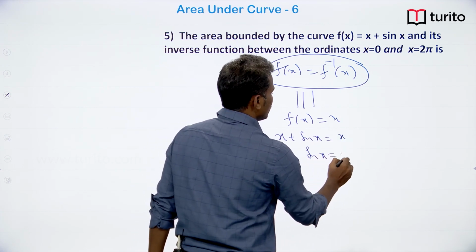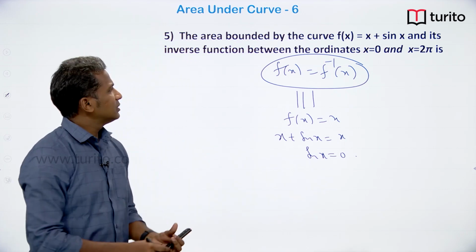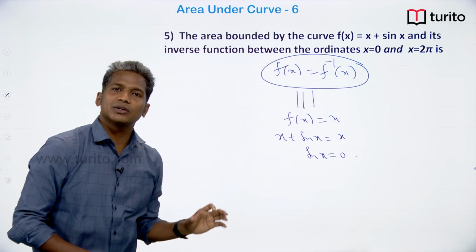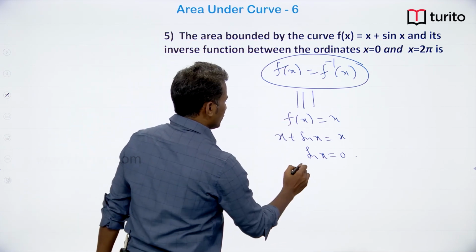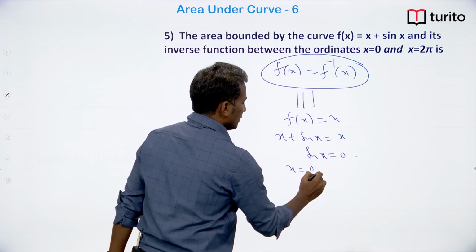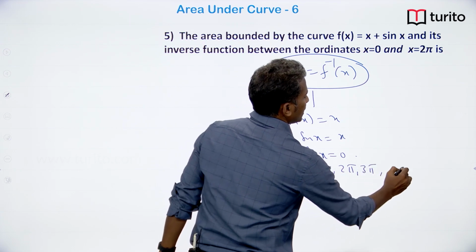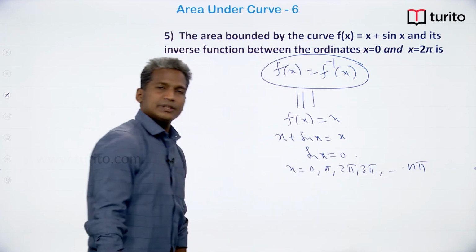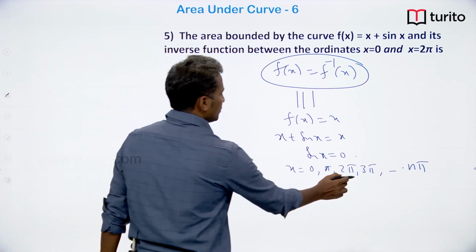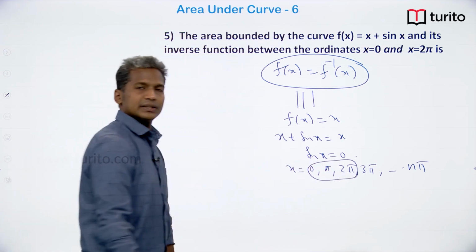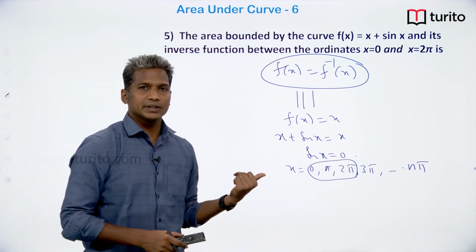I get sin x equal to 0. So wherever sin x is equal to 0, the original function and its inverse are going to intersect. So what values do we get here? x equal to 0, pi, 2 pi, 3 pi and so on, n pi. But our interval is between only 0 and 2 pi, so we will take only these 3 points of intersection. Okay. So with this we got an idea of the points of intersection.